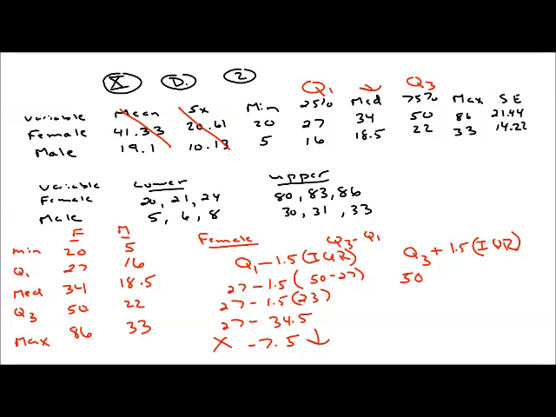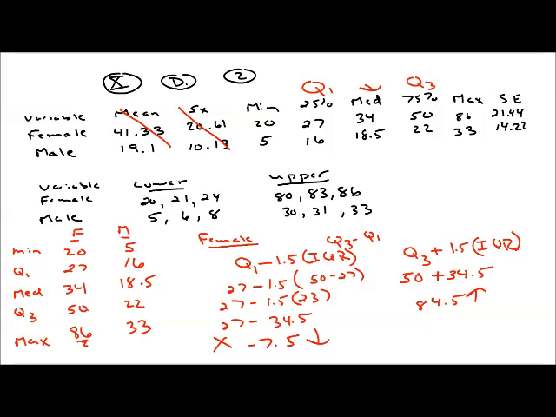Q3 is 50. 1.5 times IQR is not going to change, so that's going to be 34.5. So that's 84.5. Any number above 84.5? Well, our max is 86. So a number has to be above 84.5. The question is, where does my upper whisker go to?